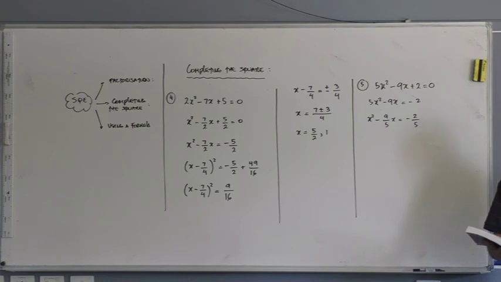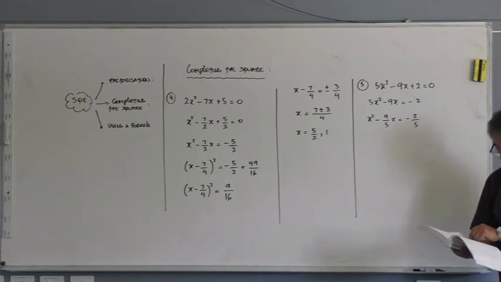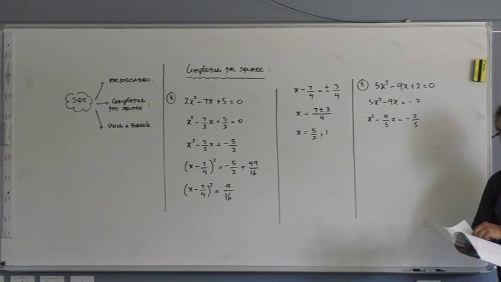From 4.5, just do a few of them, every second one. But from question 3 in 4.6, I want you to do all of them. What is question 3? It's completing the square.